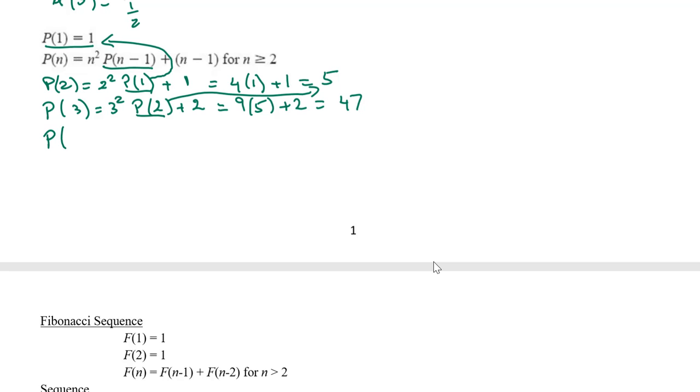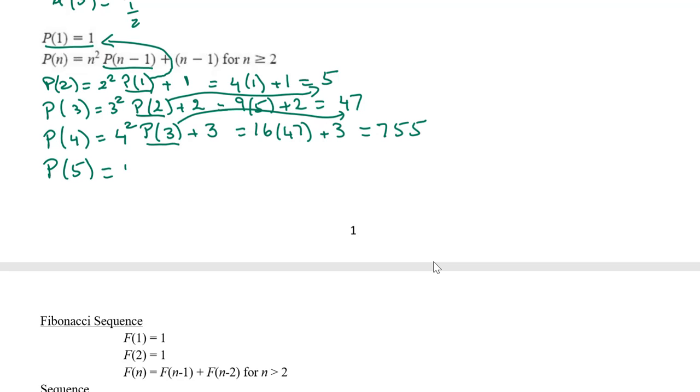Now P4 is 4 squared times P of 4 minus 1, P3, plus 4 minus 1, which is 3. So it's 16 times P3, which we just found to be 47, plus 3, and this gives me 755.